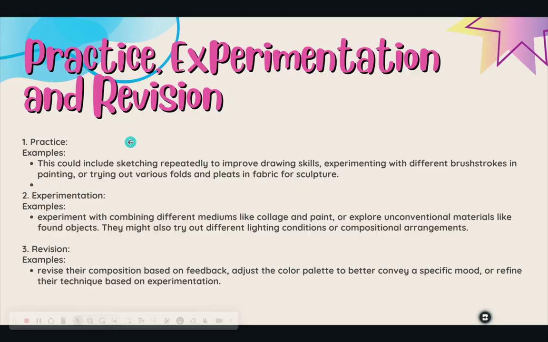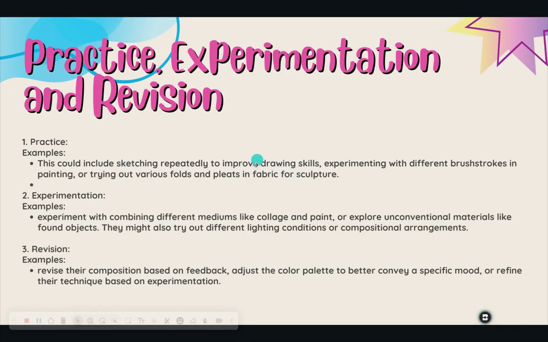Now, you guys remember that in the rubric, it's really looking for practice, experimentation, and revision. So I just took this a little step further and gave you some examples. For practice, this can include sketching repeatedly to improve drawing skills, experimenting with different brushstrokes in painting, or trying out various folds and pleats in fabric or sculpture.